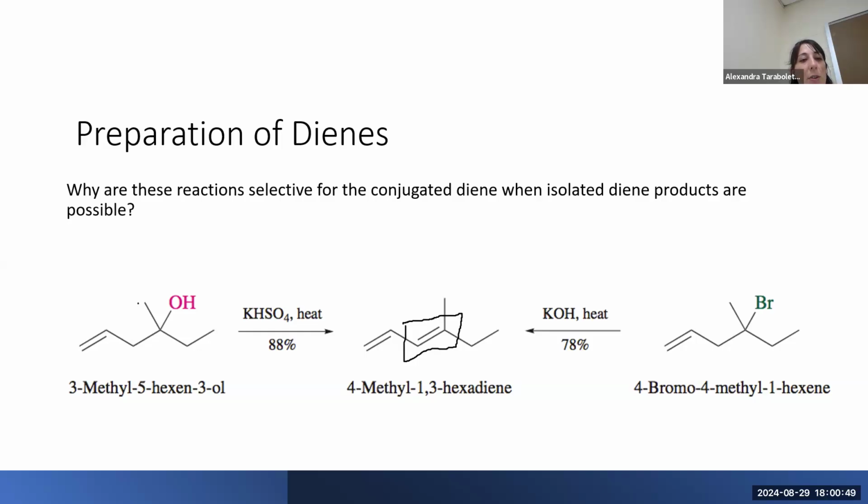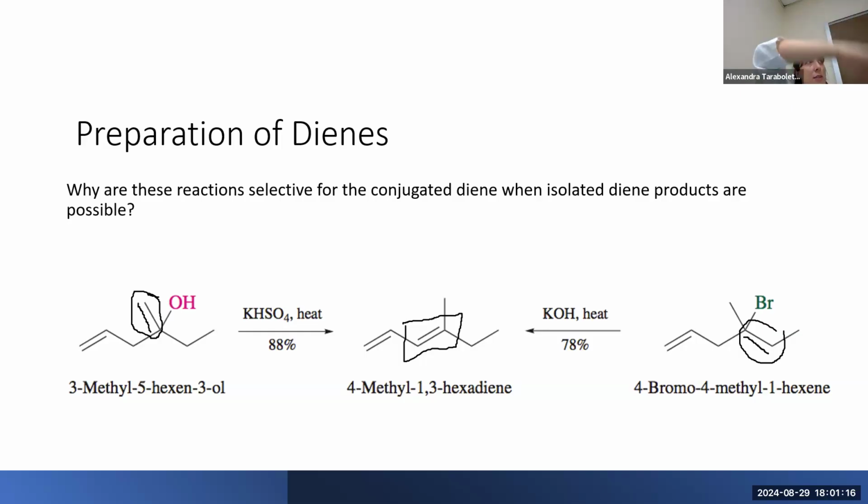For example, I could have formed a double bond here. I also could have technically formed a double bond over here. Yeah, right here or right here. Notice essentially any point that those leaving groups are attached to, they could have eliminated kind of inward, which is what we're showing in the middle.